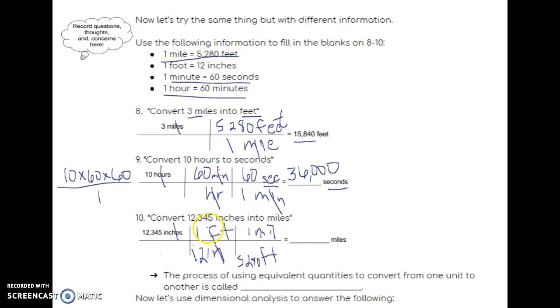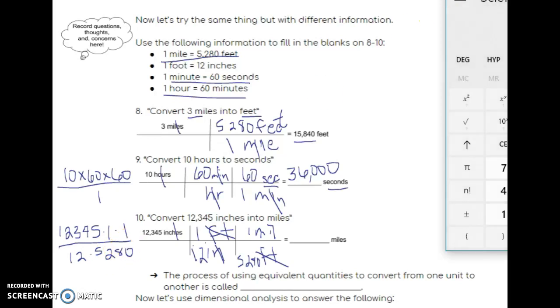Inches divided by inches. Feet divided by feet. Right? So now I have 12,345 inches times 1 times 1 divided by 12 times 5,280. All right, so we're going to use the calculator for that.